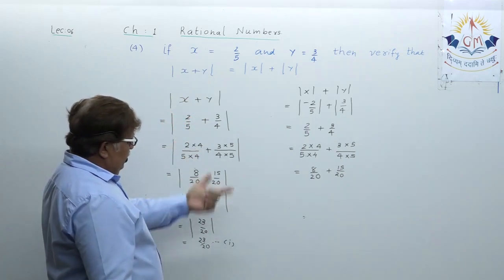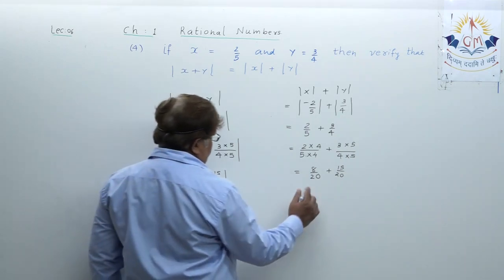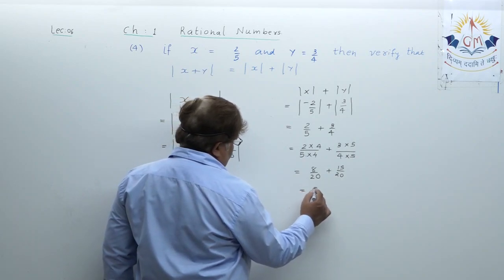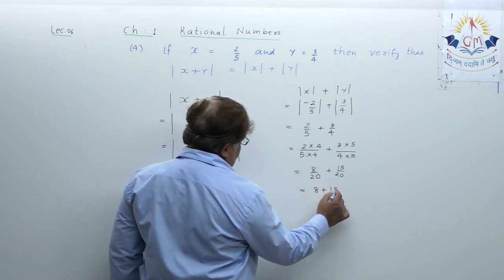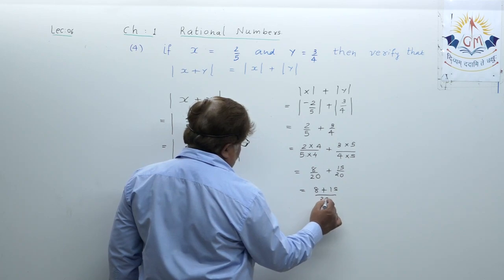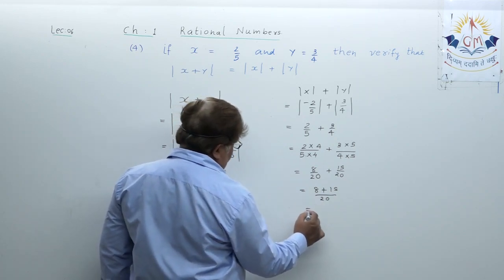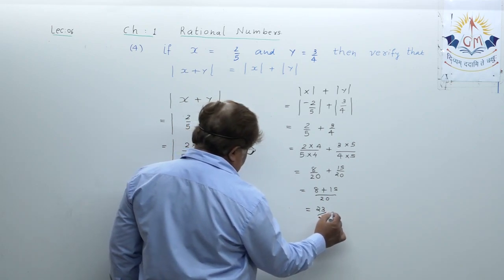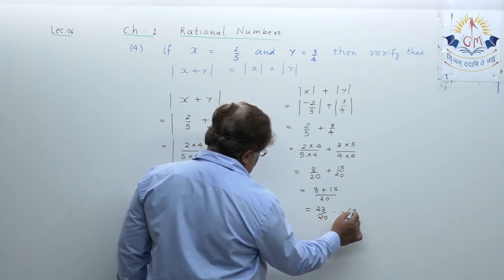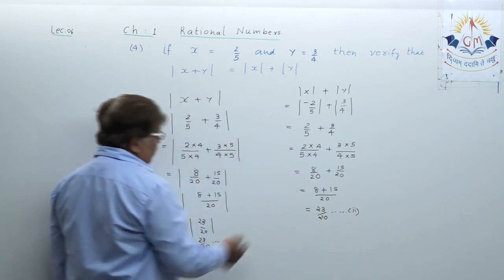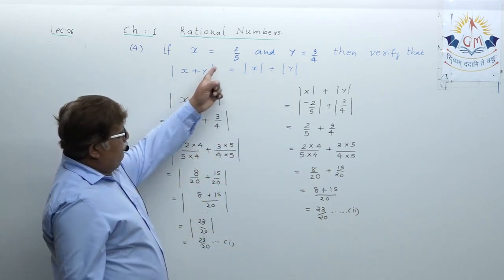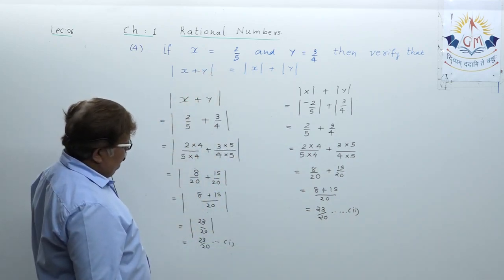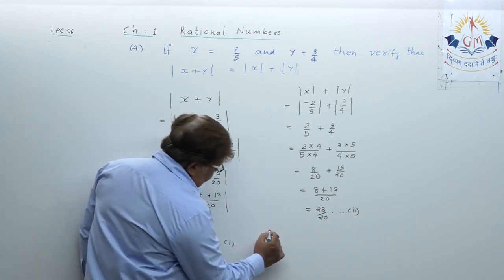Then, dear student, here 8 plus 15 upon 20 turns out to be 23 upon 20, result number 2. Both results are equal. It was a sign error, understand?